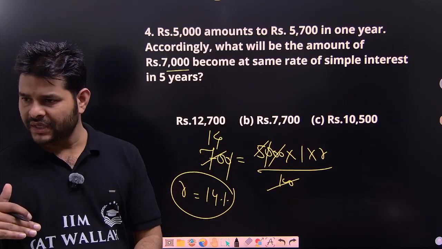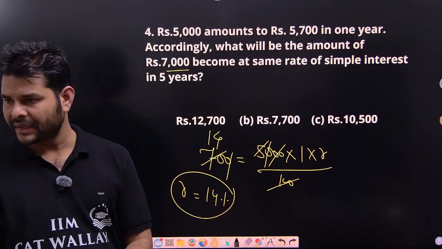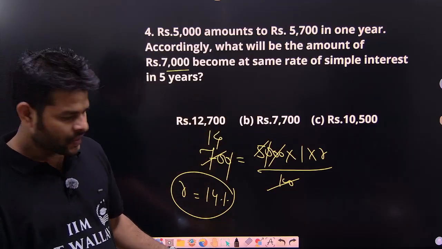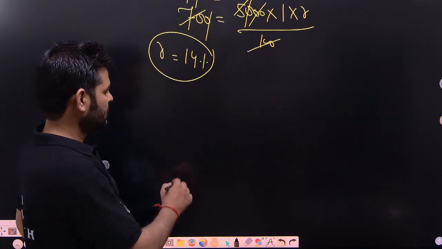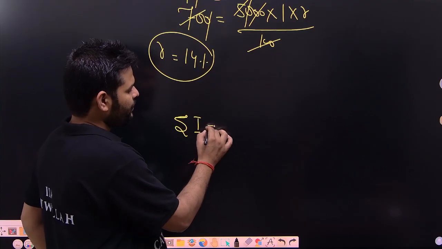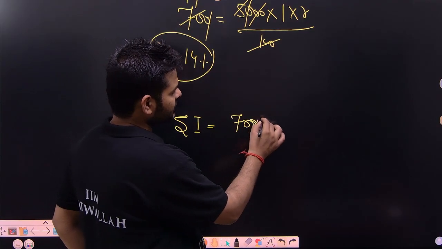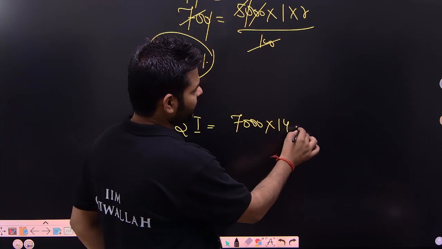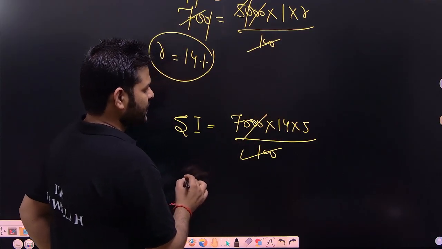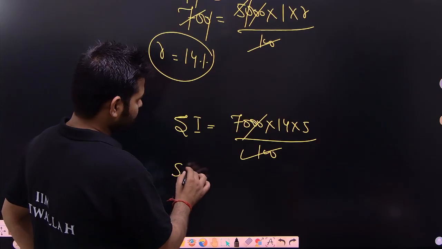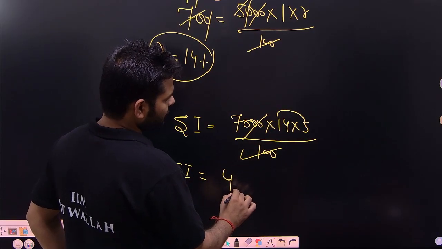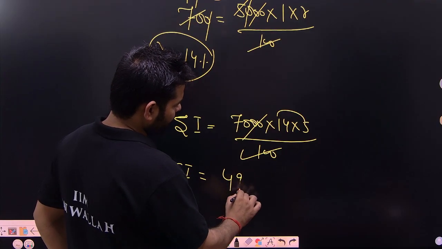On 7,000, we need to find the simple interest at that rate for 5 years. We have the given principal 7,000, rate of interest 14, time 5. So basically, you will get the SI, and SI would be 4,900.